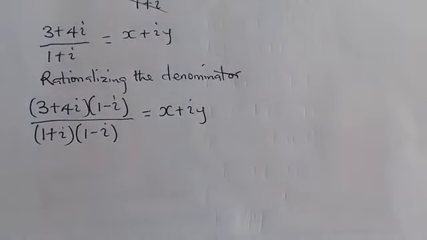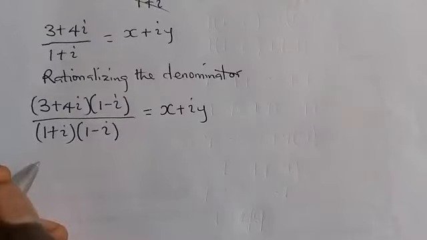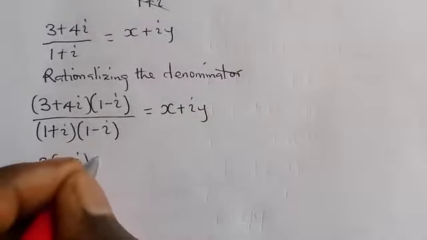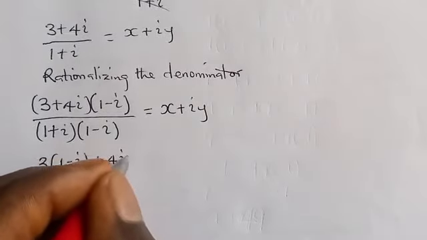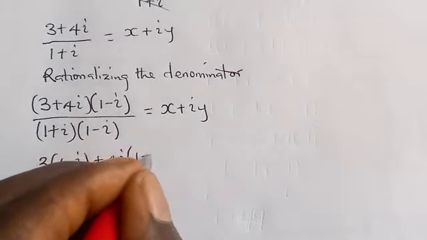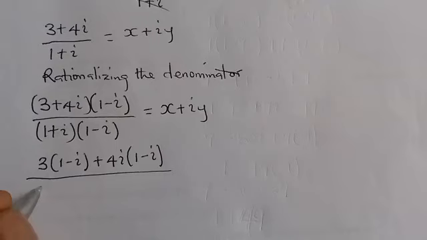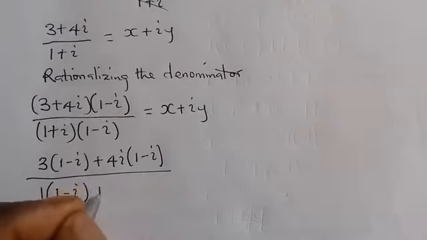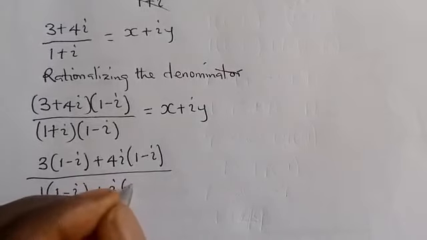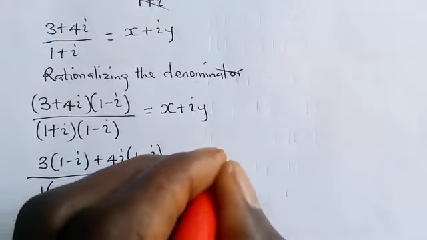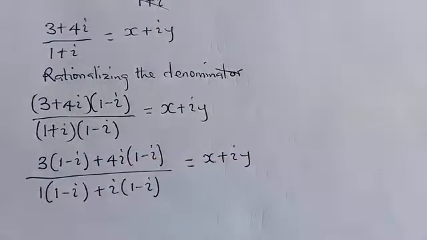So what we'll do next is to open this bracket up: 3 multiplying 1 minus i plus 4i multiplying 1 minus i, divided by 1 into 1 minus i plus i into 1 minus i, equal to x plus iy.